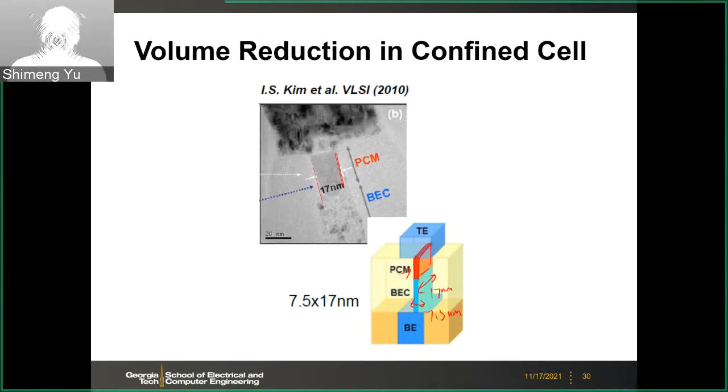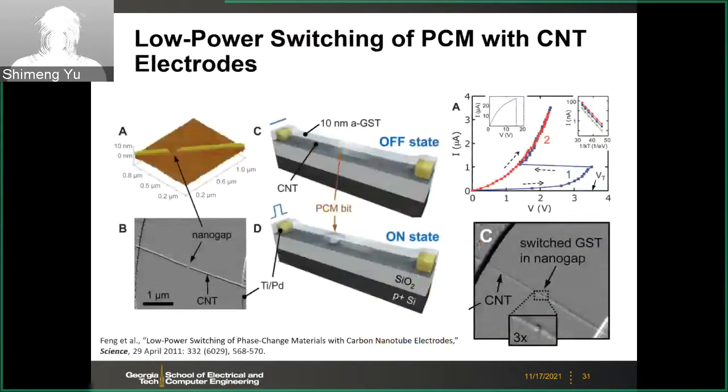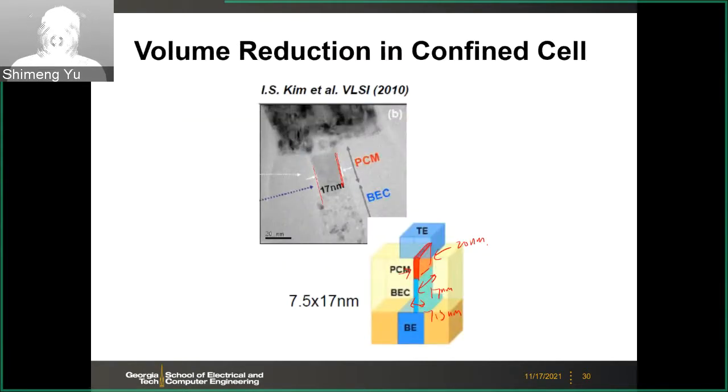So the total volume, you can see, this is a cube, 20 by 17 by 7.5 nanometer. So it's a pretty small volume. You just need to heat up that volume. So the volume reduction will help with the current.